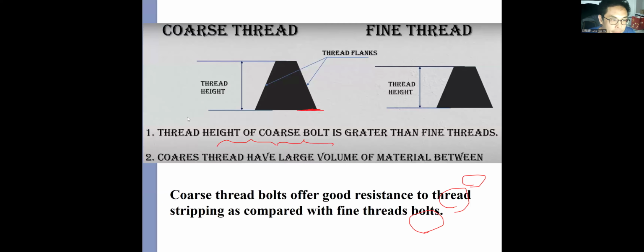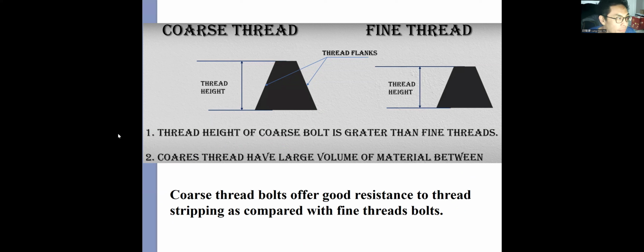Okay, so we can also define threads as either coarse or fine. The thread height of the coarse bolt is greater than that of fine threads.